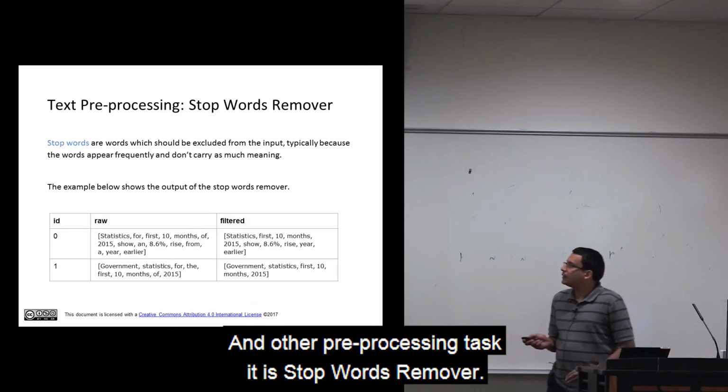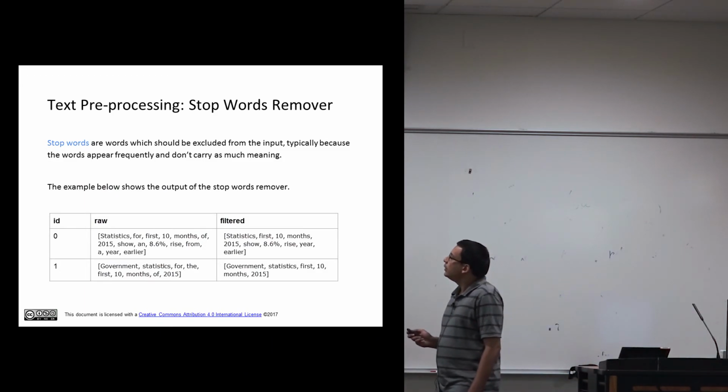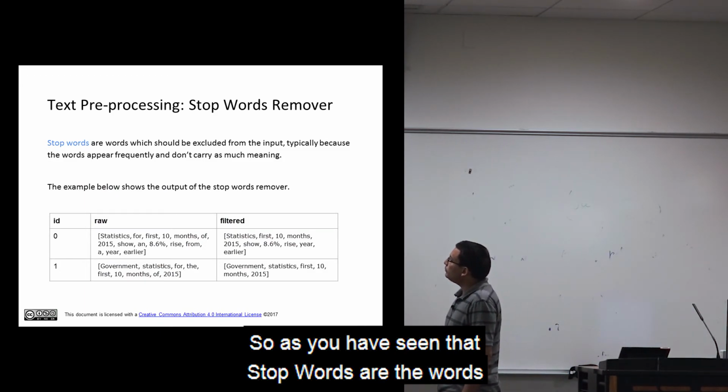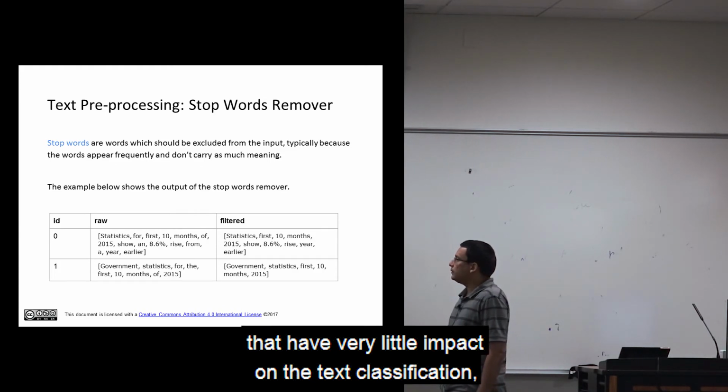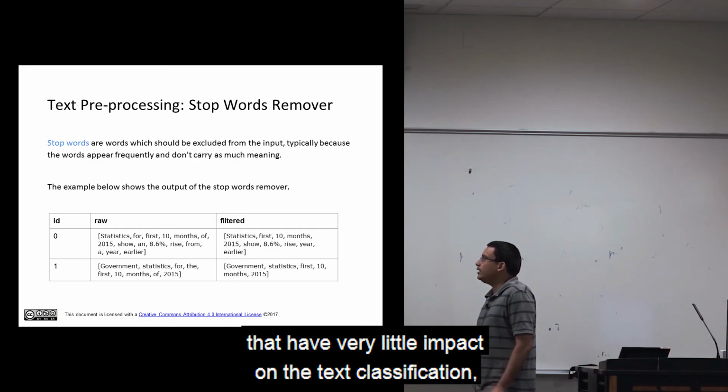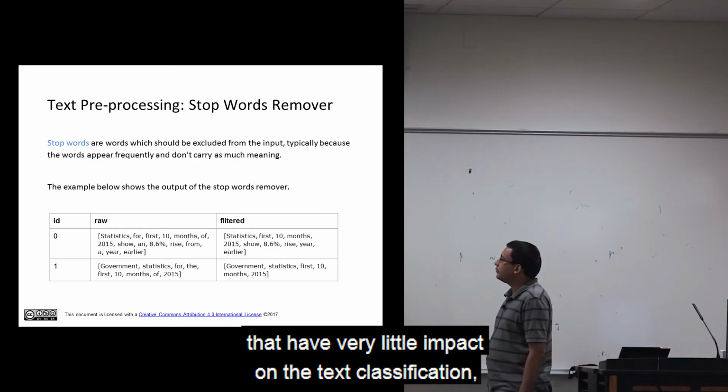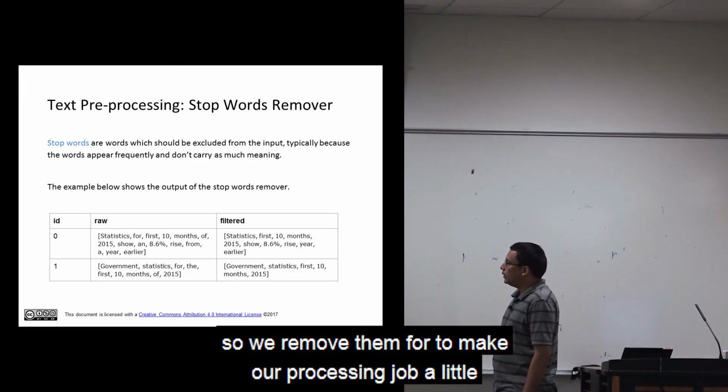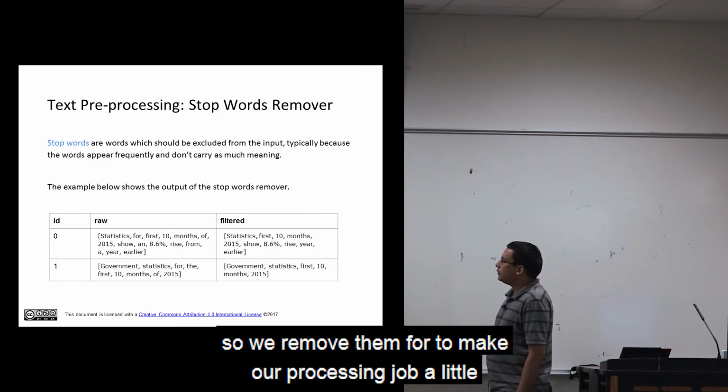Another pre-processing task is the stop word remover. As you have seen, stop words are the words that have very little impact on text classification, so we remove them to make our processing job a little bit easier.